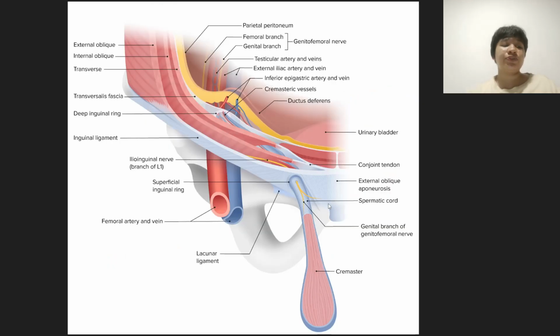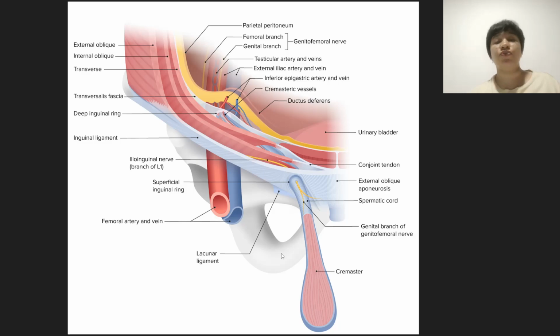Now, let's return to the inguinal region. Here, we find the inguinal canal, an oblique passage through which, in men, passes the spermatic cord, and in women, the round ligament of the uterus.